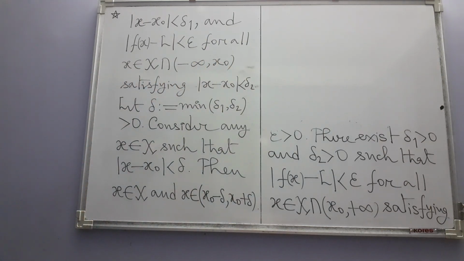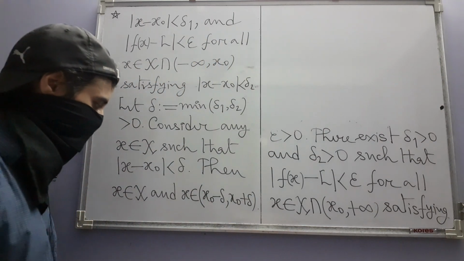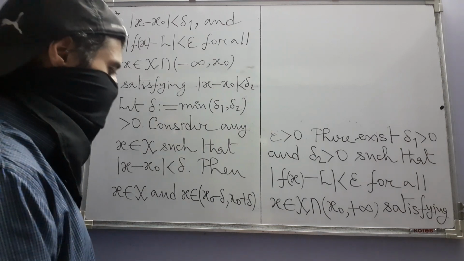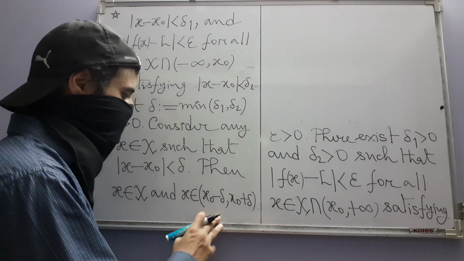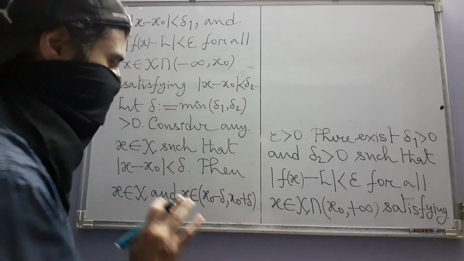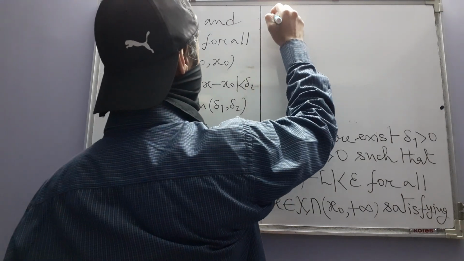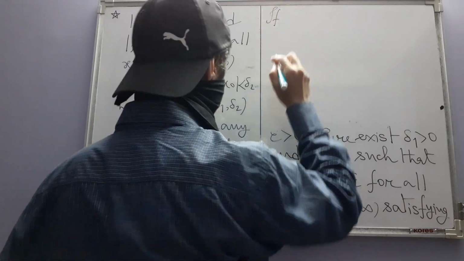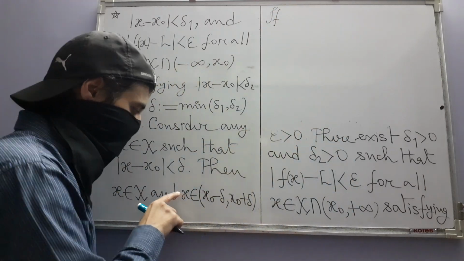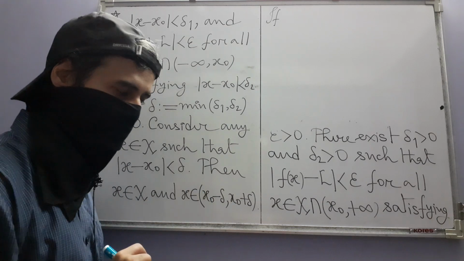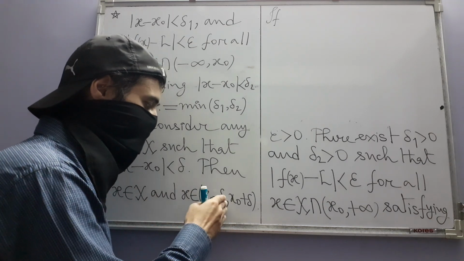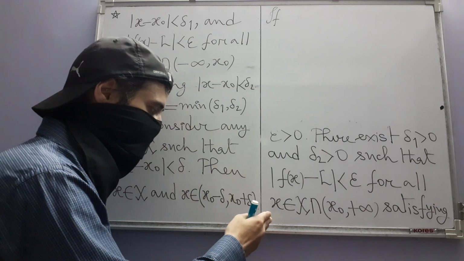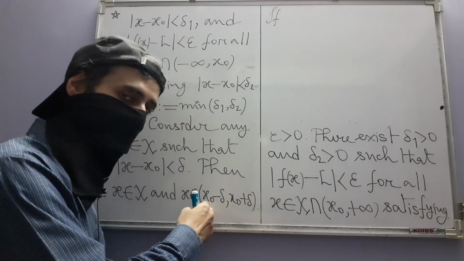Now two cases arise. Well, there are actually three cases. One of them is almost trivial, but let's write that also. Let's handle that first. Now x belongs to this open interval, so x may either be equal to x naught, or x may lie on that side of x naught, or x may lie on this side of x naught.